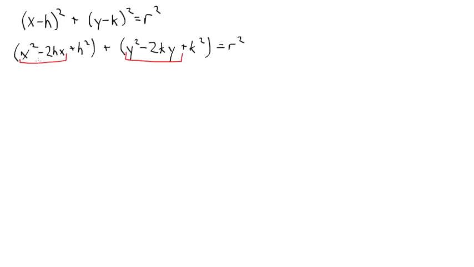Focus in particular on this number right here, the coefficient of x and the coefficient of y. In order to complete the square, we are always going to have to add some number. The number that we need to add to complete the square, we look at the coefficient of our variable, we're going to divide it by 2 and square it.